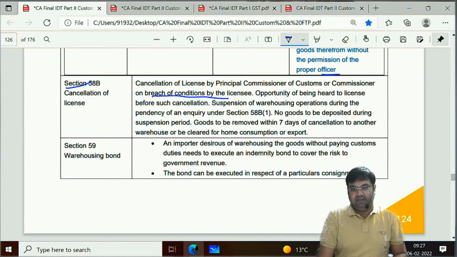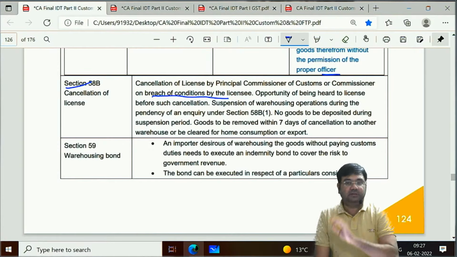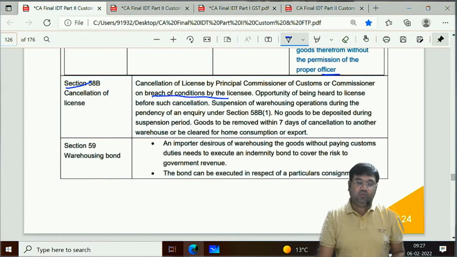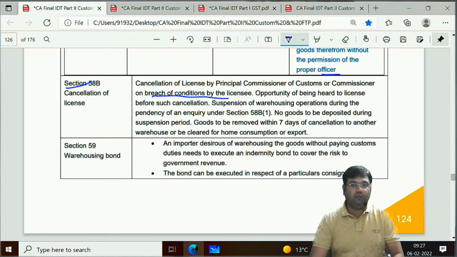But before cancelling, if you recollect, in chapter 9 of GST registration, we discussed cancellation of registration. So this takes time. So what can the officer do there? He can suspend the registration. So here also a similar provision is there, because the officer needs to investigate the matter, needs to do proper inquiry before going for cancellation.